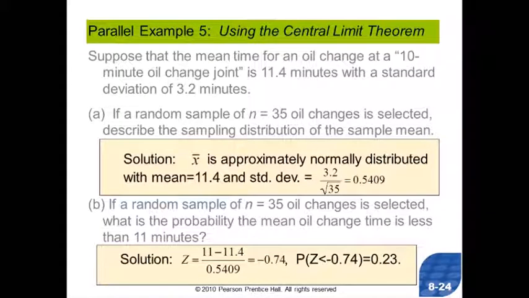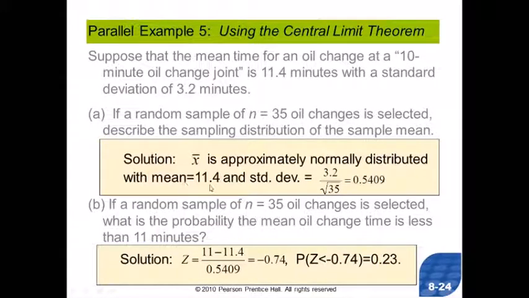The description: the distribution of the sample mean is approximately normally distributed. Why? Because of the Central Limit Theorem. The sample size n here is large, so it is approximately normally distributed.